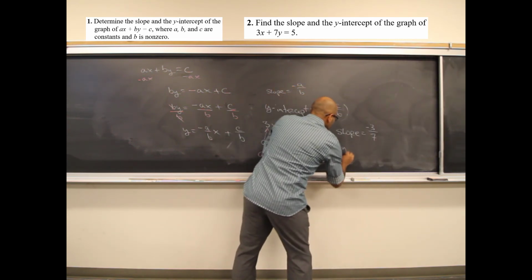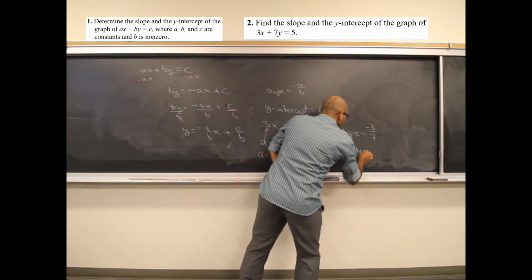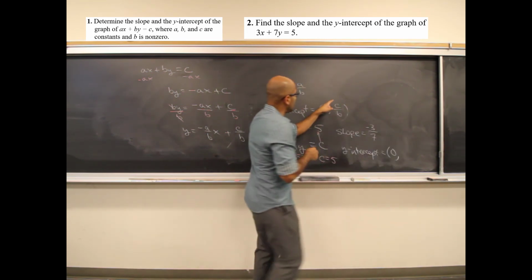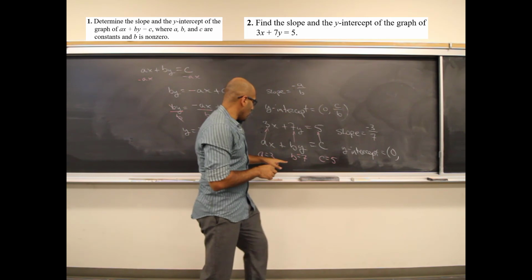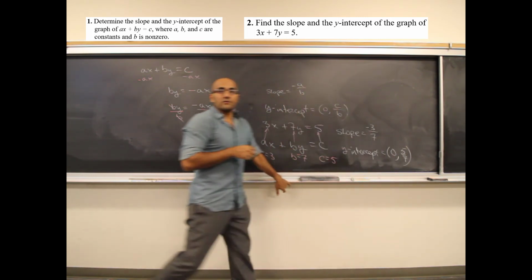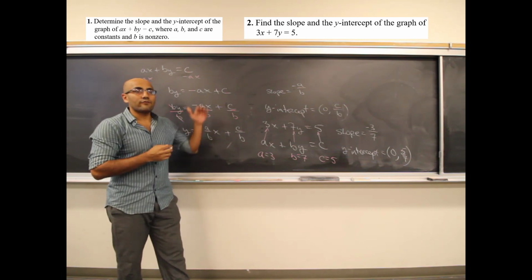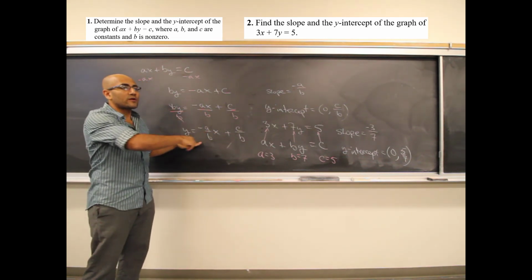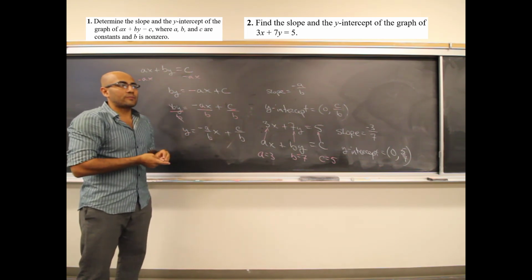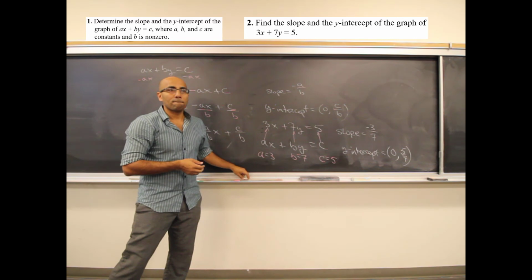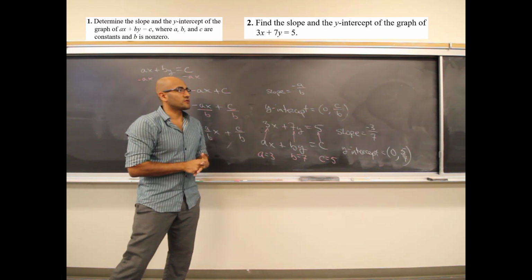And what about the y-intercept? (0, c over b), 5 over 7. Right? So it just makes life easier if we can do it as a general solution once, get a nice formula, and then we get to solve various questions that look similar. Any questions?